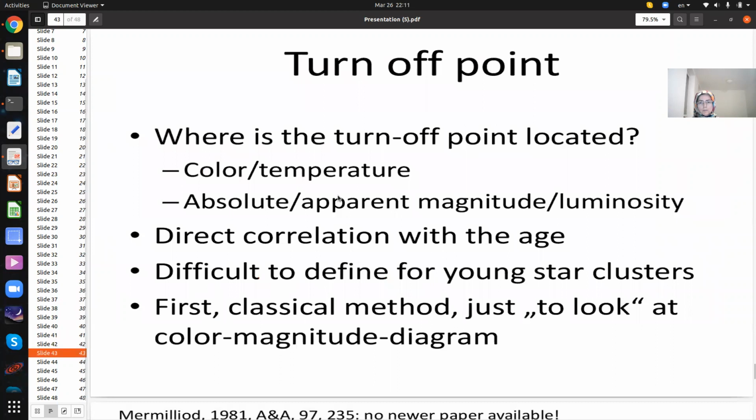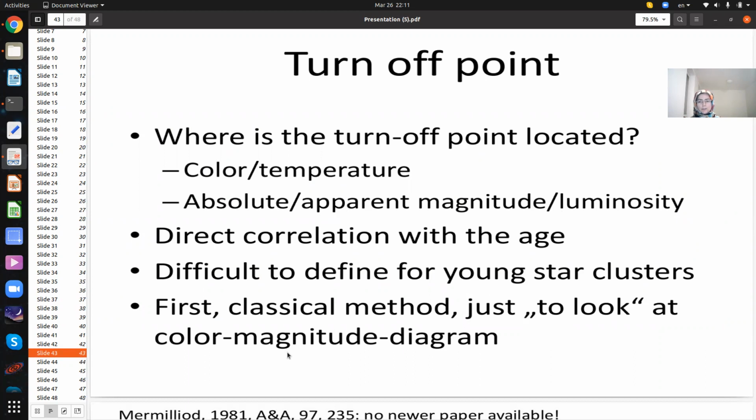Here we can see where the turn-off point is located. We need color or temperature, and also apparent magnitude or luminosity. A direct correlation with the age is difficult to define for young star clusters.